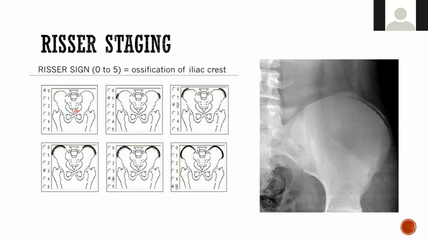And so Risser 0, 1, and 2, at these stages, you're still relatively immature and still have significant growth. At 3, you still have a little bit left, but when you reach about 4 or 5, you're pretty much done growing, and that gives surgeons a lot of information about how they should treat you and how much potential for scoliotic progression there is.